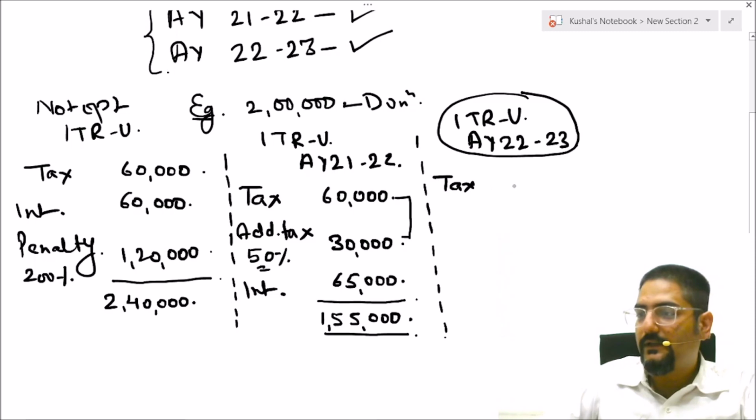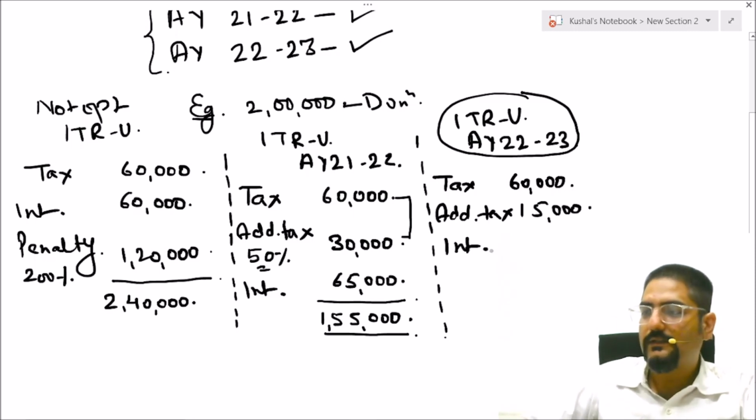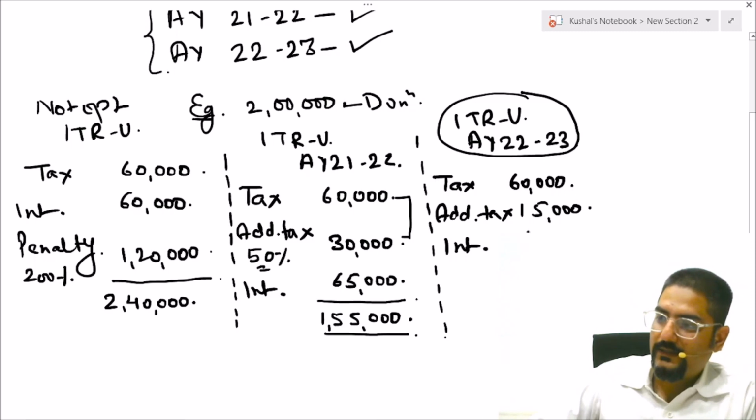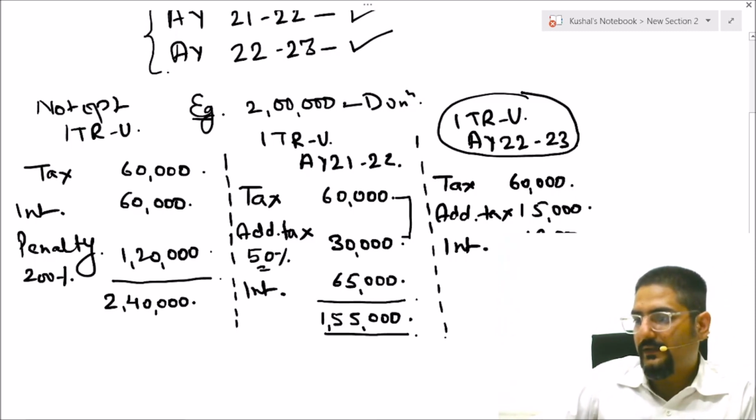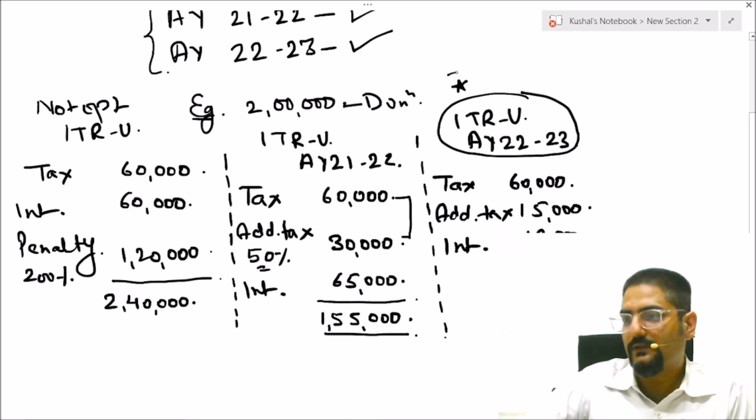So your tax liability would be 60,000, and additional tax at 25% of this would come to approximately 15,000 rupees. And interest under section 234B and C would come to approximately 18,000 rupees, right? And your total would come to approximately 93,000 rupees, right? So this would be the most beneficial proposition.